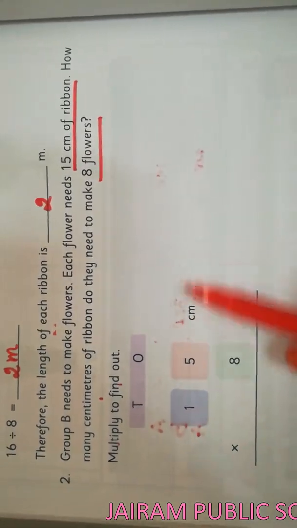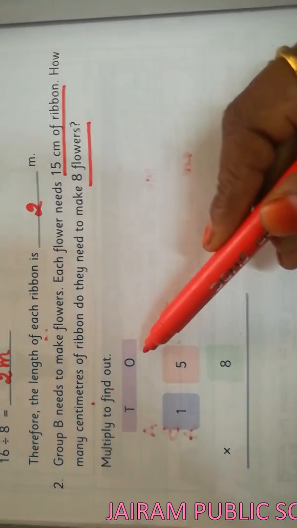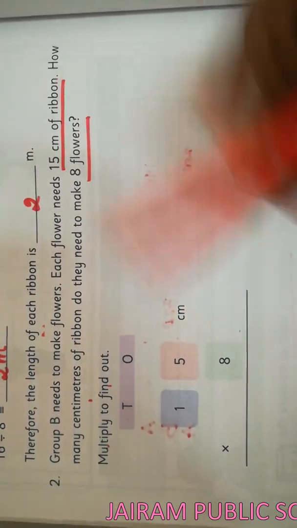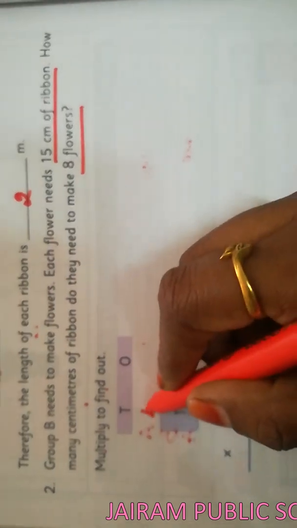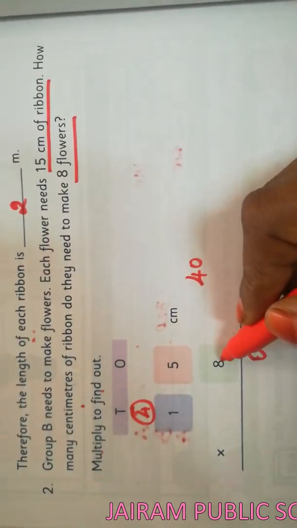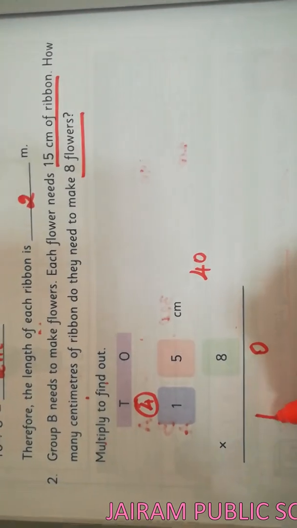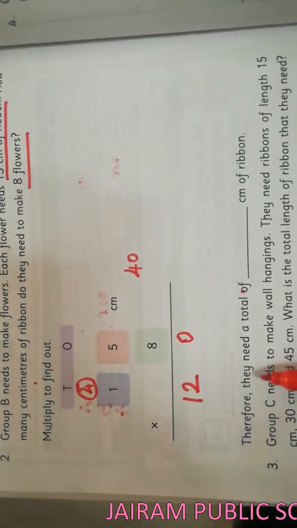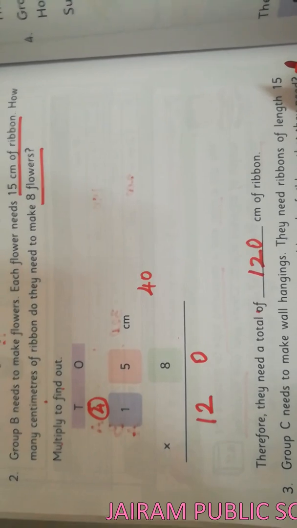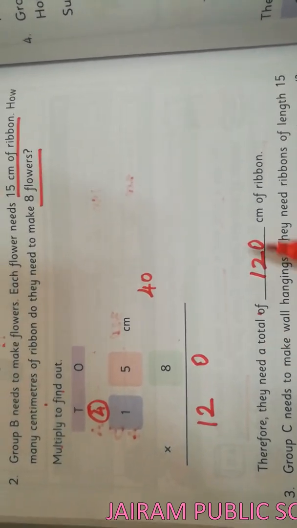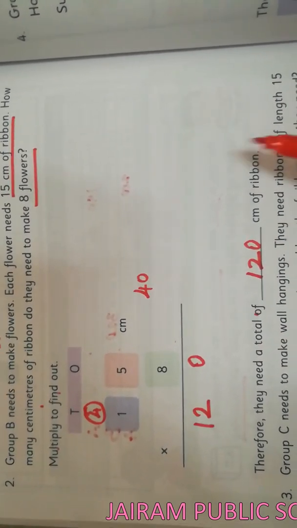So 15 centimeter multiplied by 8, starting in 1's place, 5 8s are 40. So 0 in 1's place, 4 carried over to the 10's place. 1 8 is 8, 8 plus 4 will be 12. So 120. Therefore, they need a total of 120 centimeter of ribbon. We have to get 120 centimeter of ribbon to make 8 flowers.